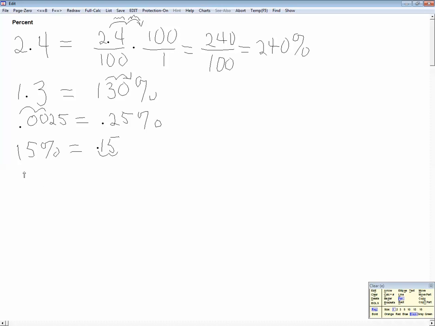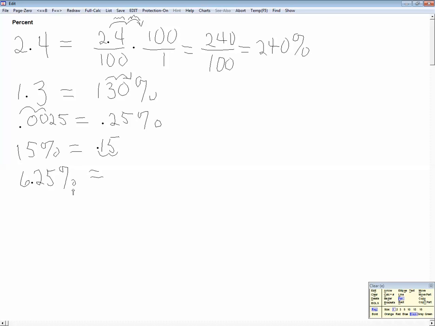What about 6.25%? Well, remember the rule. If I'm dividing by 100, that's what this percent sign means, and I want to get rid of it, I have to divide by 100. So in other words, I have to take this decimal point and push it this way.